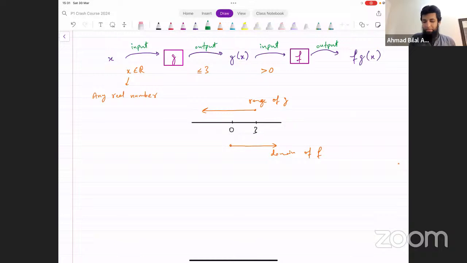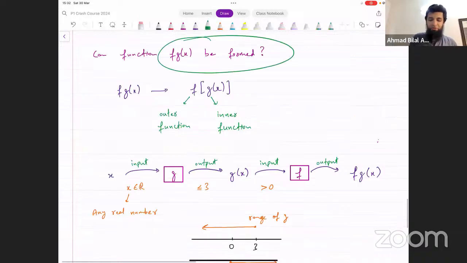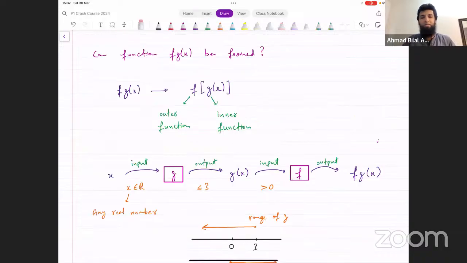When the function g gives you an output that is negative, which it can give sometimes. Yes, it can give some positive values as well. It can give 2, it can give 1, 1.5. But there are some cases in which the output is going to be negative, and the function f is not going to accept that. That means the function f g of x cannot be formed in this case.